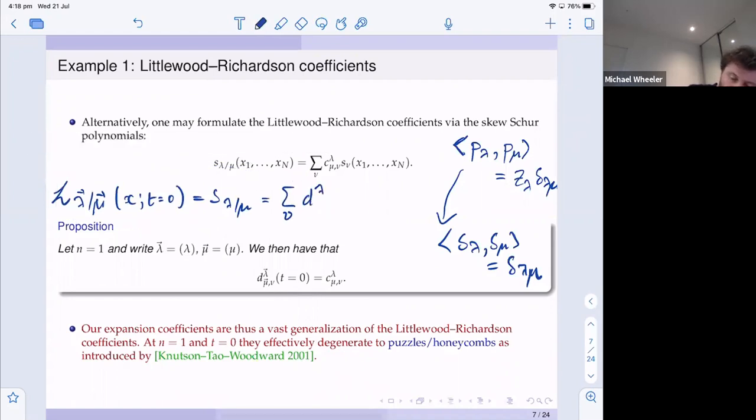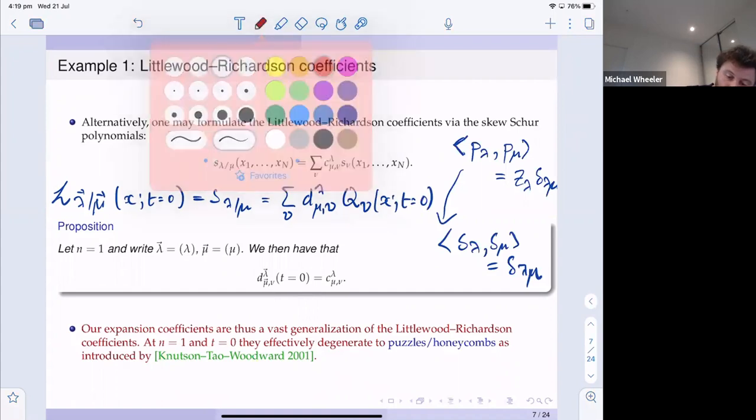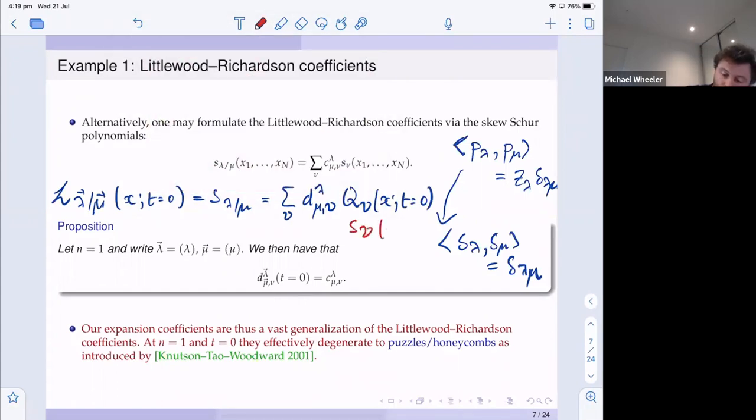So I have here d lambda mu nu, and here is the modified Hall-Littlewood. In this thing here, I'm actually setting t equal to 0, and when t is equal to 0, this just becomes the Schur polynomial. So you see that indeed what you're doing here is expanding a skew-Schur polynomial over the Schur basis, which is precisely the Littlewood-Richardson coefficients.